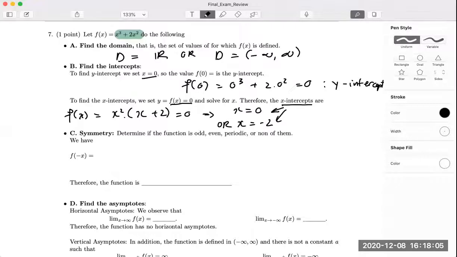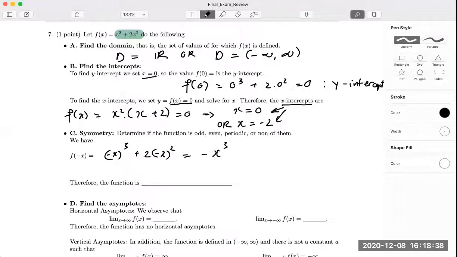Okay. Now let us check if it is symmetric with respect to the y-axis or the origin. That helps us determine the graph better. We evaluate the value of f of negative x, which is negative x cubed plus 2 times negative x squared. The power of this is an odd number, therefore it will be negative x cubed.